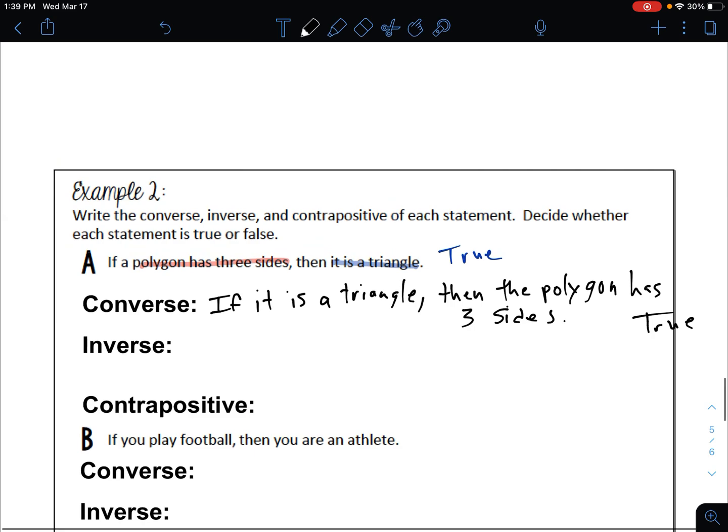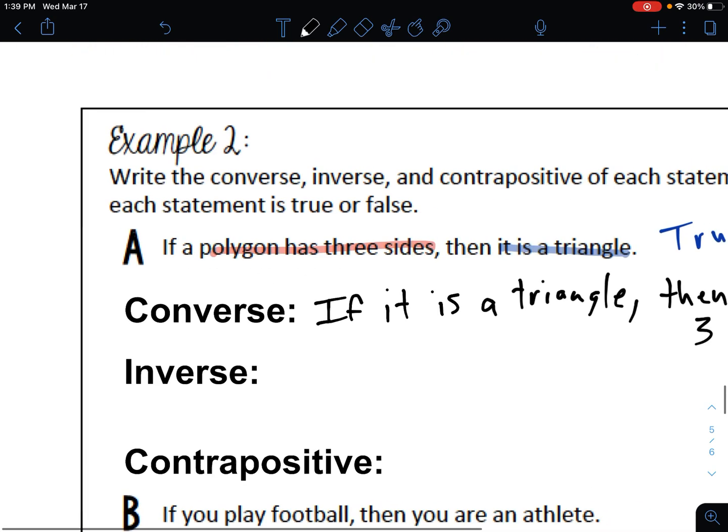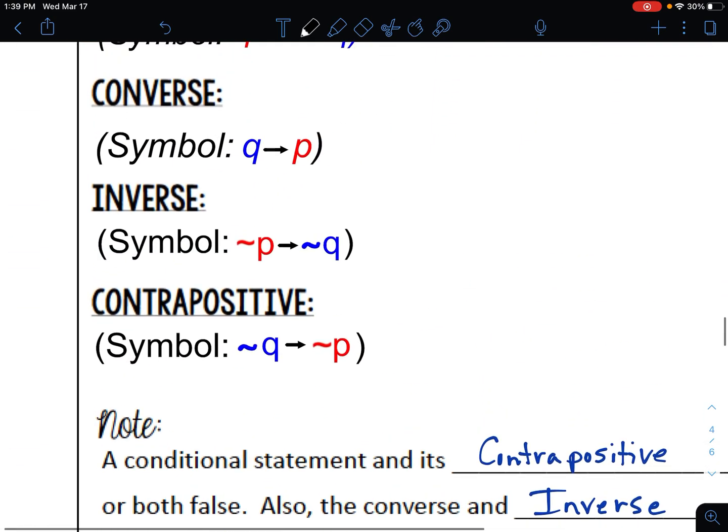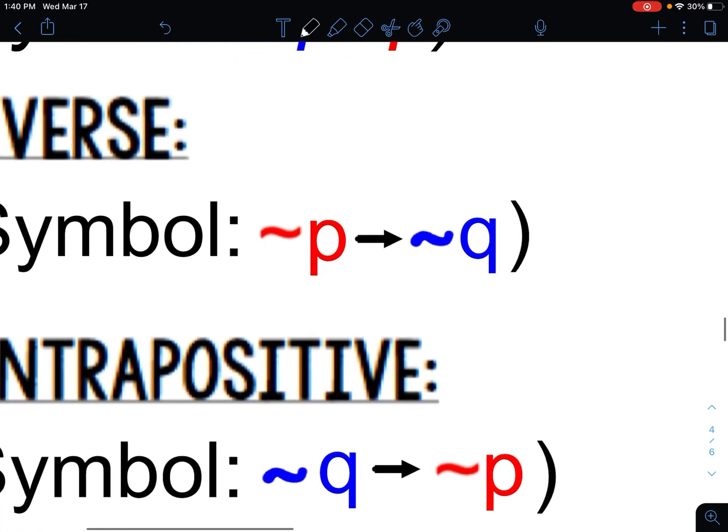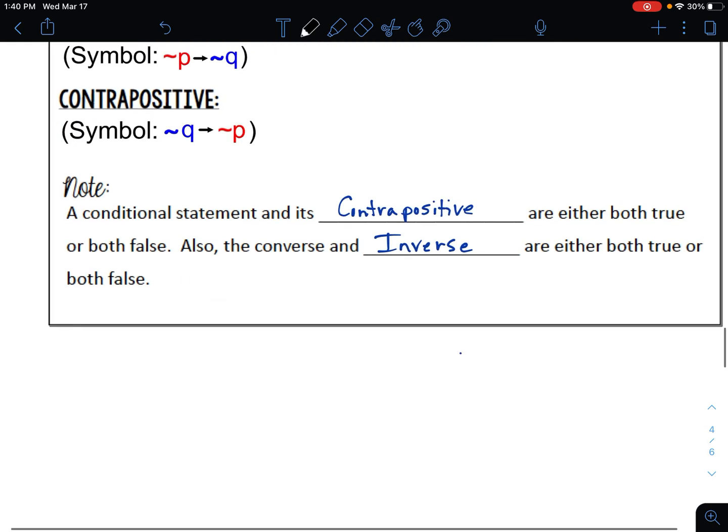Okay, now we've got to write the inverse. What does it say up here to do for the inverse? It says negate the hypothesis, negate the conclusion. What would that sound like?